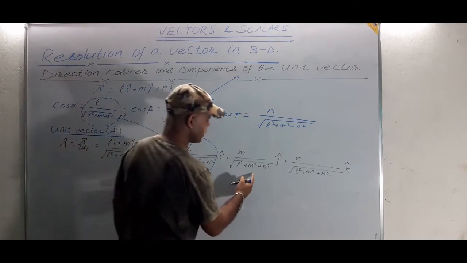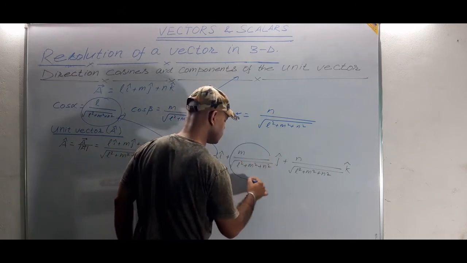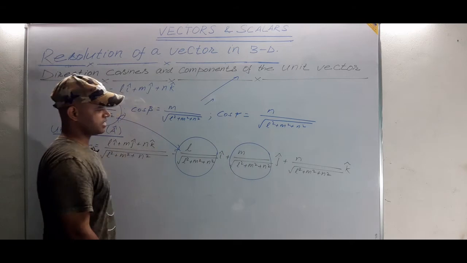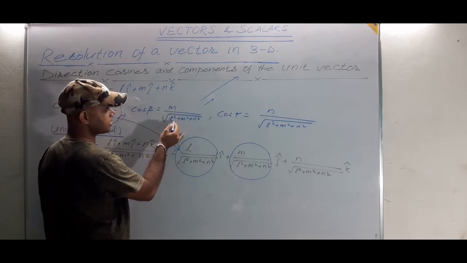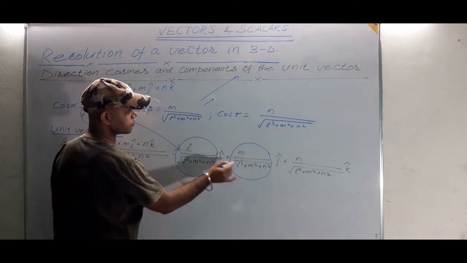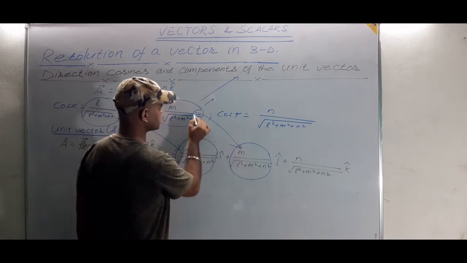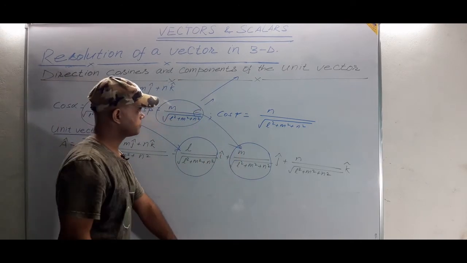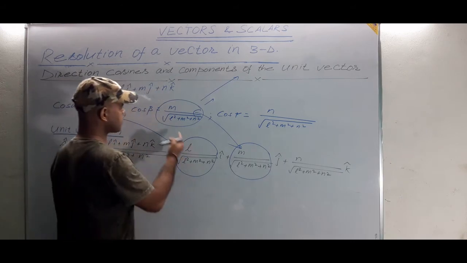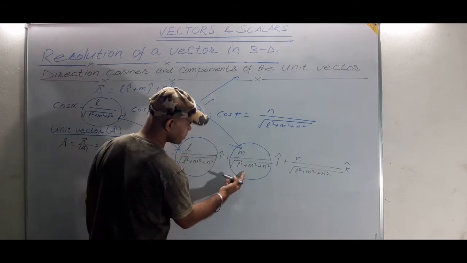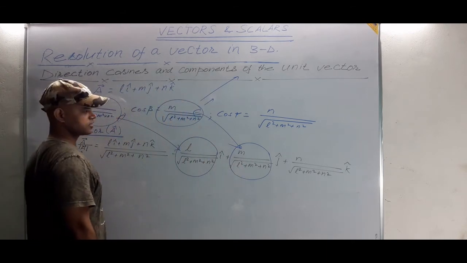Now the y component of the unit vector a cap, m upon root of L square plus m square plus n square, and cos beta is the same. So the y component of the unit vector and cos beta, the direction cosine, are the same.